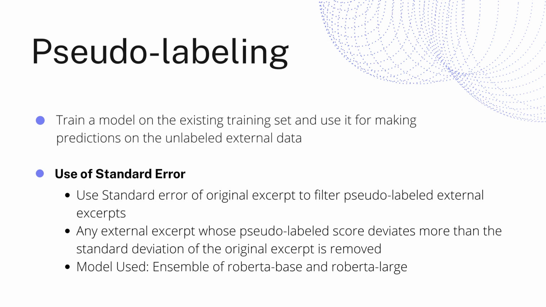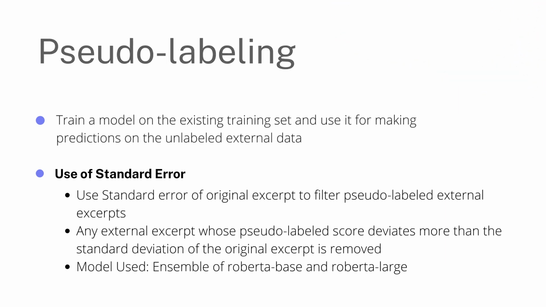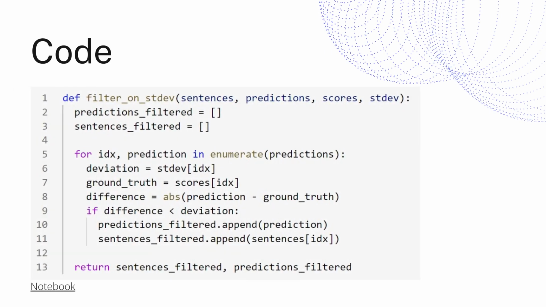Any excerpt whose pseudo labeled score deviates more than the standard error of the original excerpt is removed. The models used are again, as I mentioned, an ensemble of RoBERTa base and RoBERTa large. Now again we'll see a bit of code.